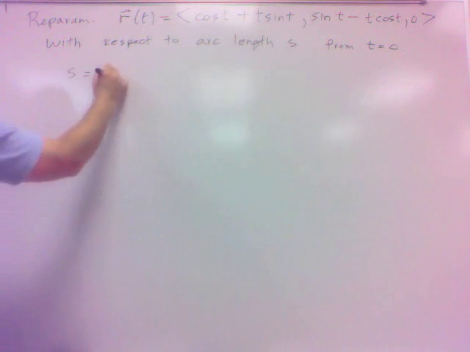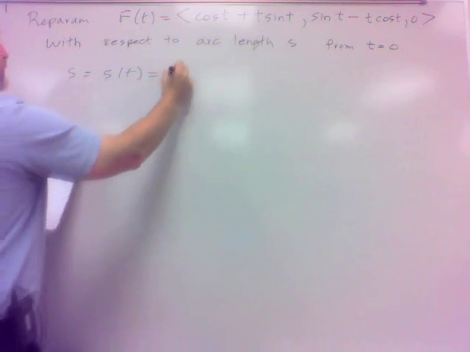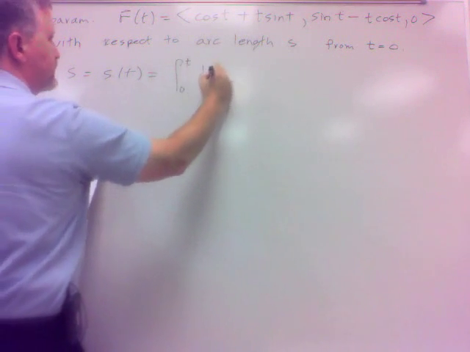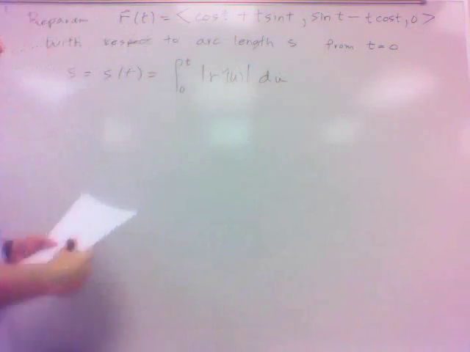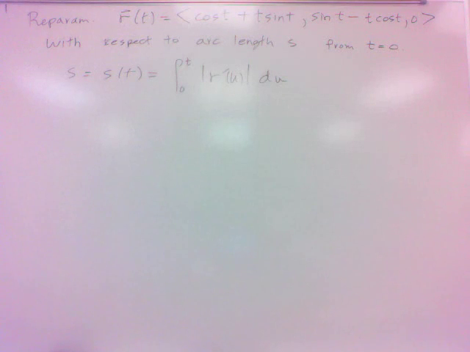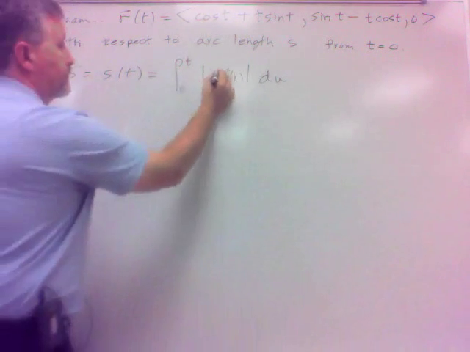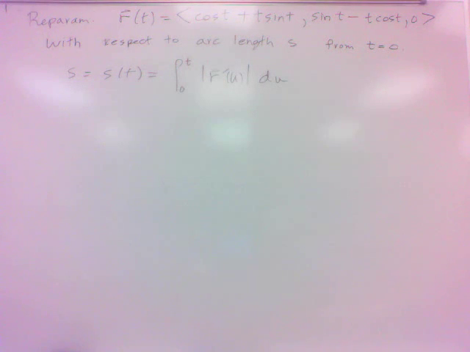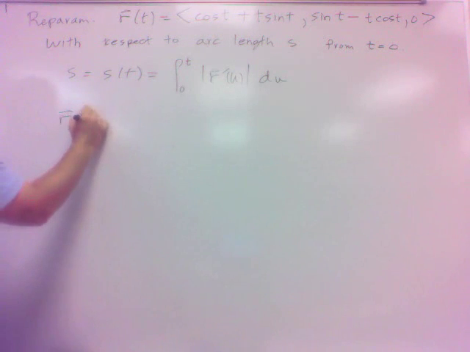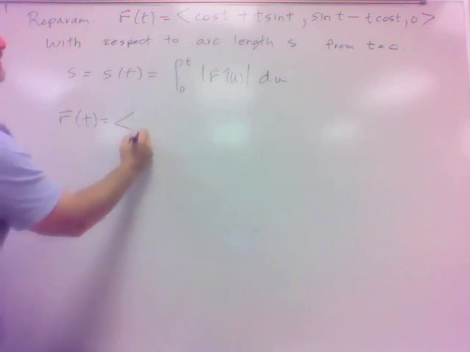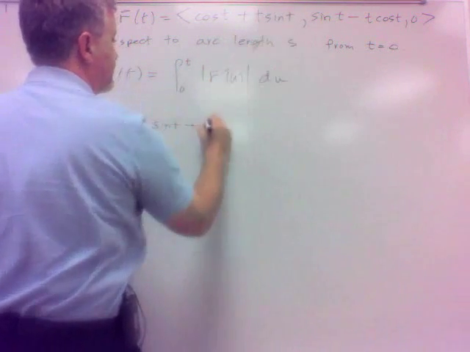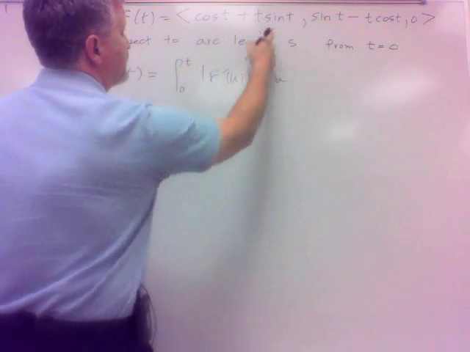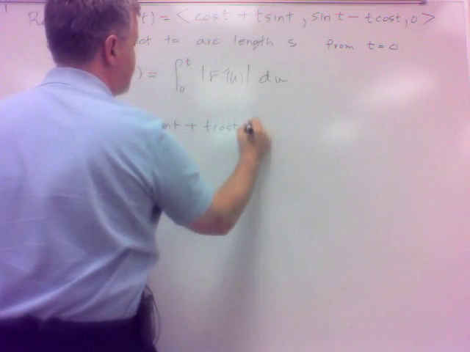Okay, so s of t equals the integral from 0 to t of the magnitude of the derivative vector. So that's what we need first, the derivative vector. The derivative is negative sine t plus, with the product rule, t cosine t, and then sine t times 1.